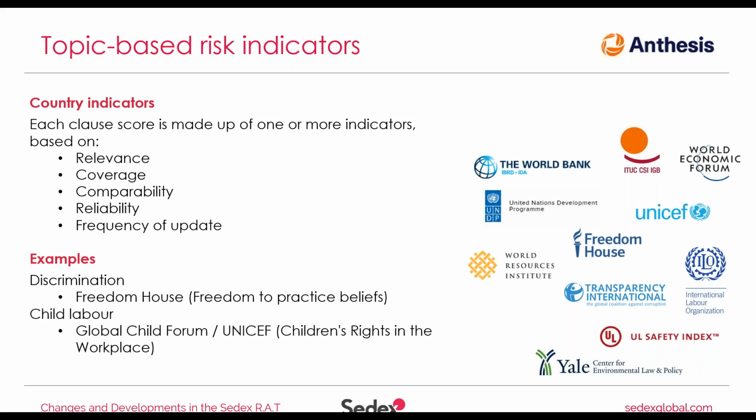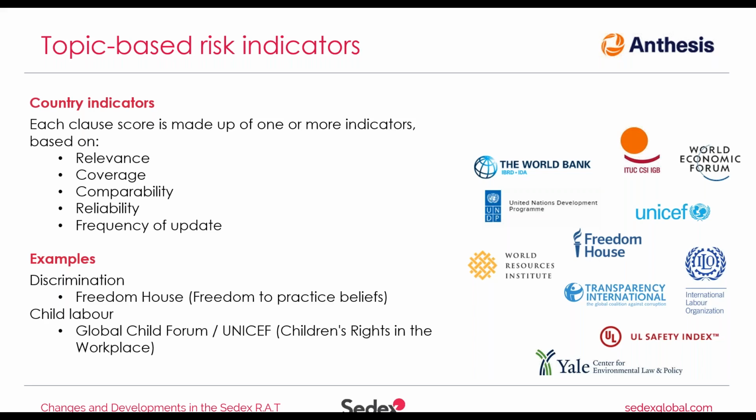The sources are shown by some of the logos on the right, and we've given a few examples. You can see at the bottom, say on discrimination, which source of information we've drawn from. For discrimination, it's the Freedom House database, the Freedom to Practice Beliefs. For child labour, we've drawn from the Global Child Forum and UNICEF's Children's Rights in the Workplace.